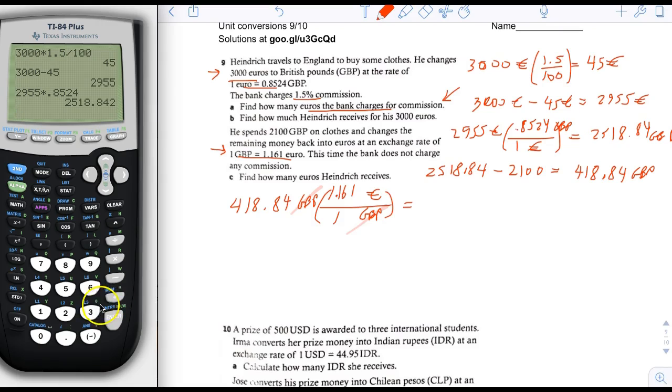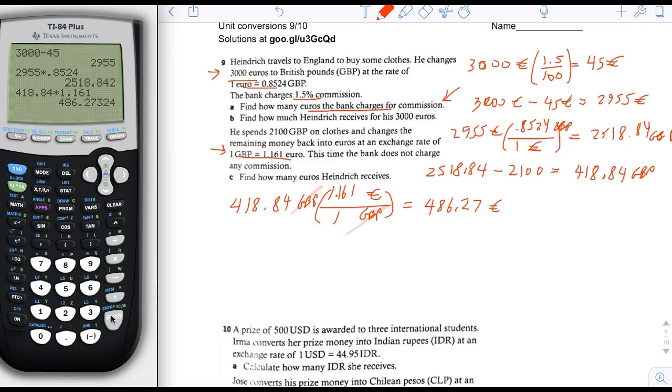Let's do the multiplication. 418.84 times 1.161 gives us 486.27 euros.